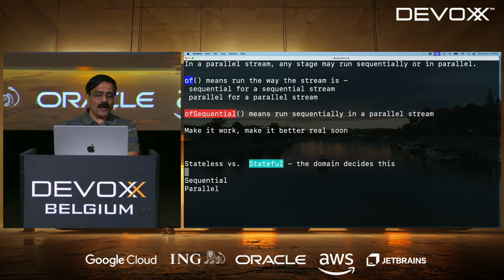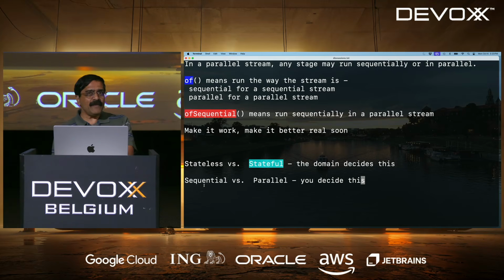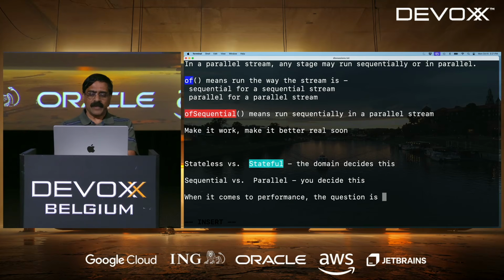But sequential versus parallel, who decides this? You decide this. Why? Because the behavior is not going to be different, but probably the performance is going to be different. Now, one thing helps a lot to think about it. When it comes to performance, the question is not how fast the code is, but if the speed is adequate.